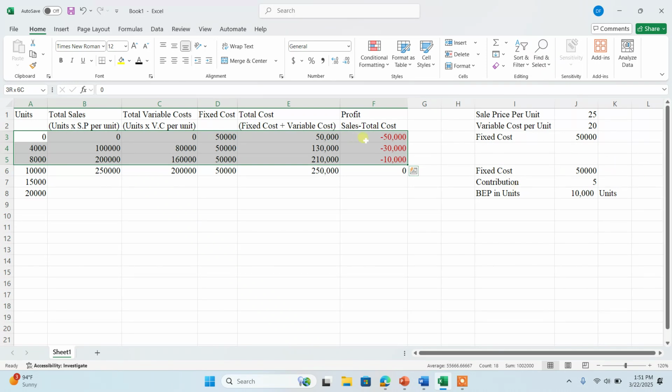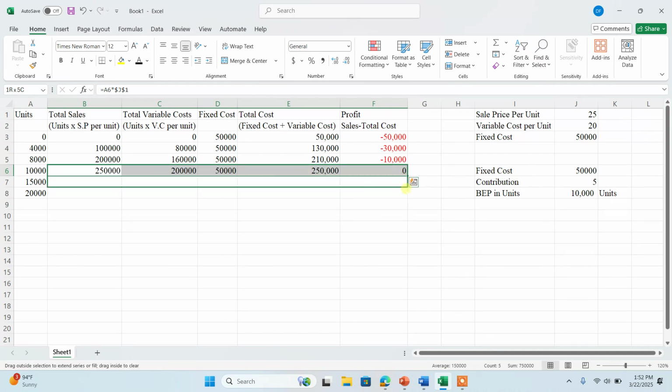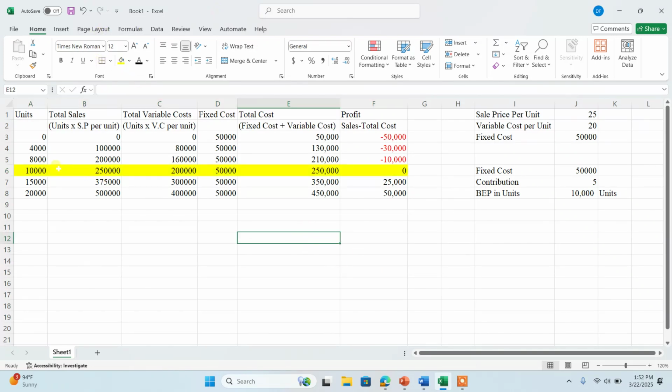On 0 units, my loss is 50,000. On 4,000, my loss is 30,000, and on 8,000, my loss is 10,000. You can do it by yourself. Yes, on 10,000, my profit is zero. If I'm producing more than 10,000, you can see that it is converted into profit. So basically, this is my break-even point, 10,000 units. This is requirement number one.